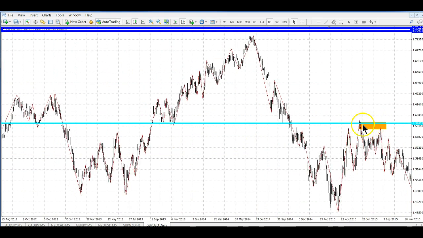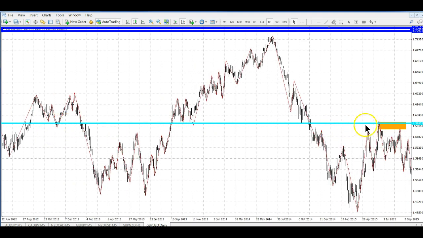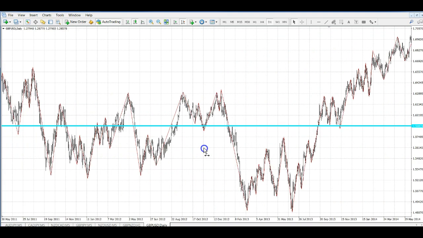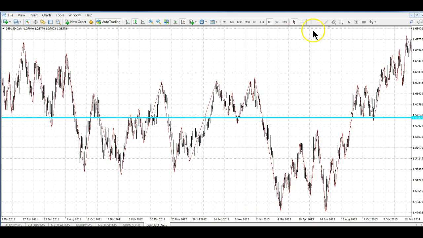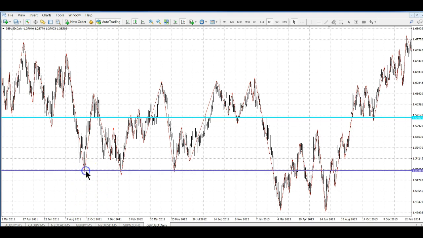But as you can see, it hit that same point several times, even that area. And if you want to go back this far, this is way back in August of last year, I think. Yeah, because this is daily.